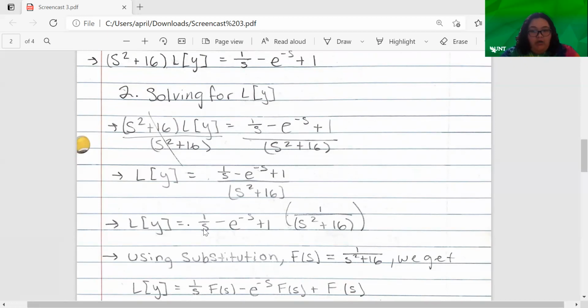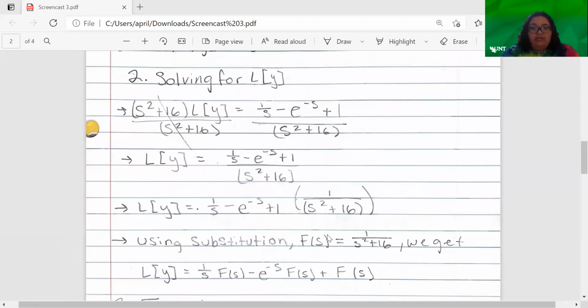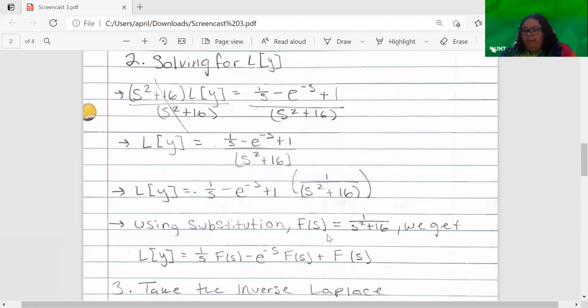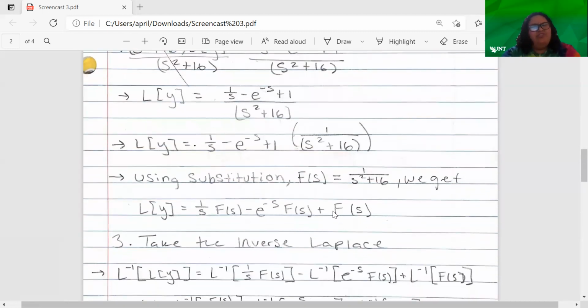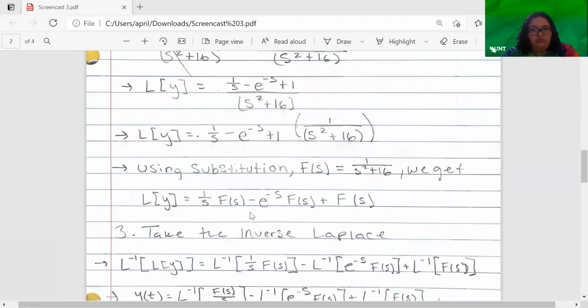We pull this out up front, and then create a second term, which is 1 over s squared plus 16. Now we're going to distribute this substitution, where F of s is equal to 1 over s squared plus 16, just so that we can get the fraction out of the way for a second and focus on the rest of the problem. Then we just distribute it to the rest of the equation.